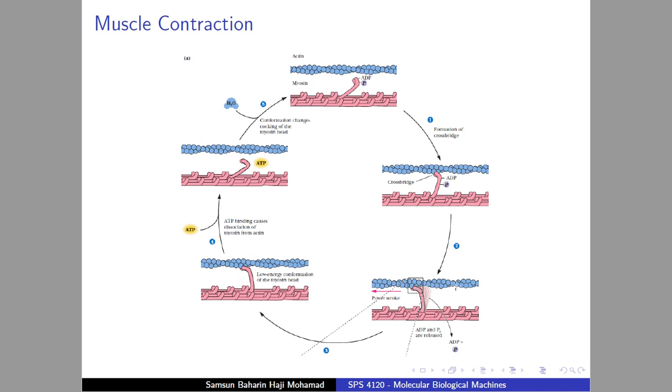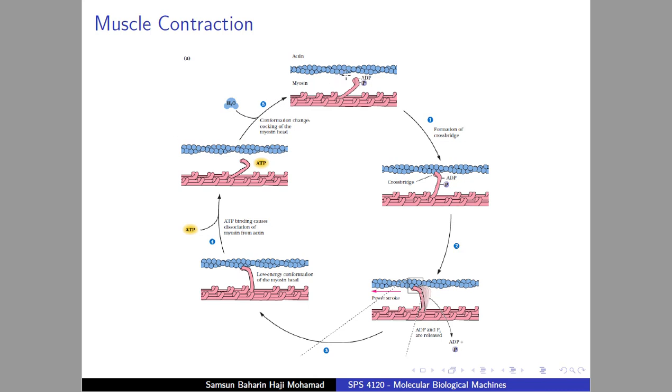So this actin also will move to the front, and when it comes to the front with the ATP, the ATP will make this cross bridge contract back to an L shape and release this actin, and after some time ADP will be produced back.